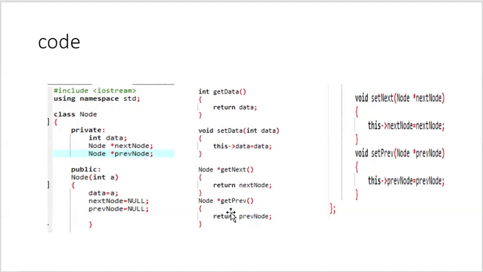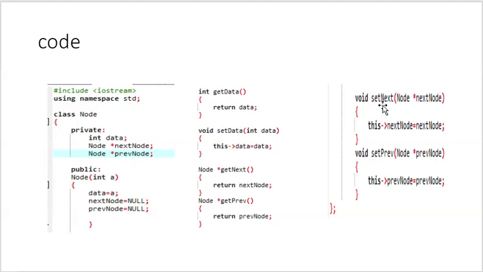Then get previous node. As you are seeing here, node is the class, so these pointers are declared with the name of the class. So it will give us the pointers, the next node and the previous node.